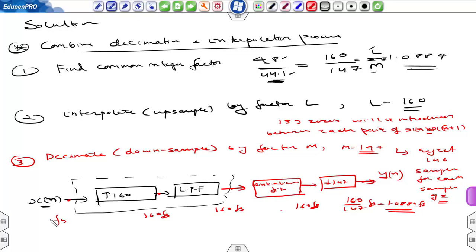Okay, so first you have to perform the upsampling process, then the downsampling process.